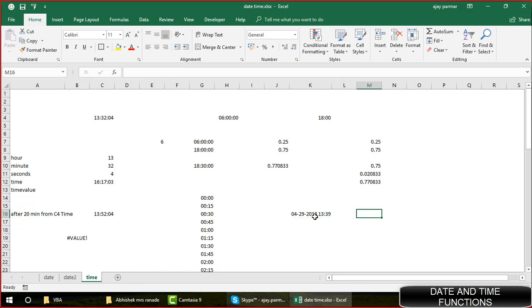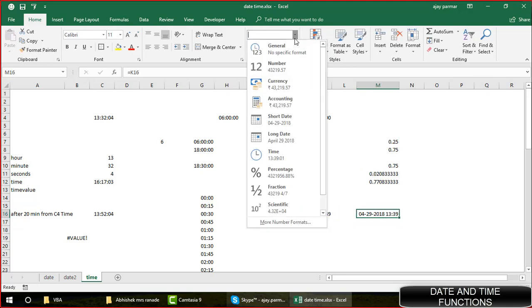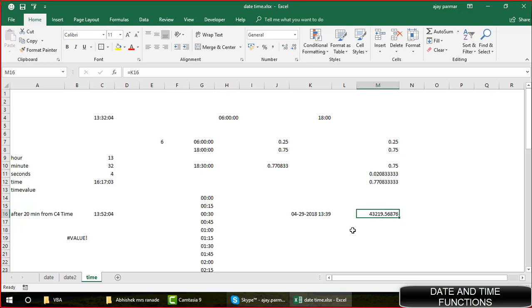If you go and say equals to, and when you go to the General tab, this is what you will find: a number also coming, decimal also coming, and I think you know why it is coming, right? 43291 for the date and 0.56876 for 13 hours 39 minutes. But I want to separate them.